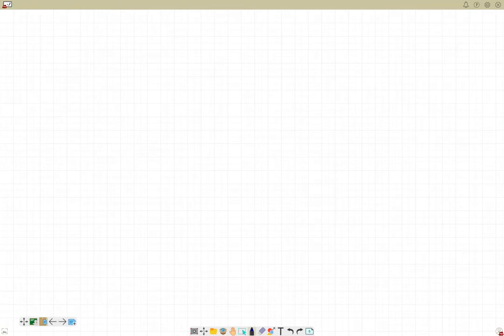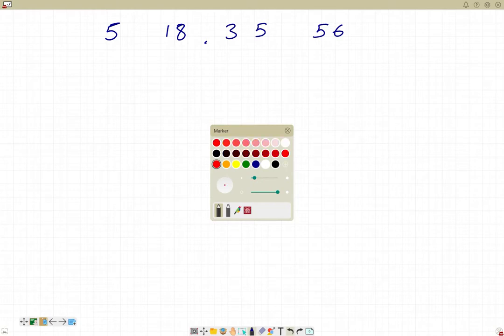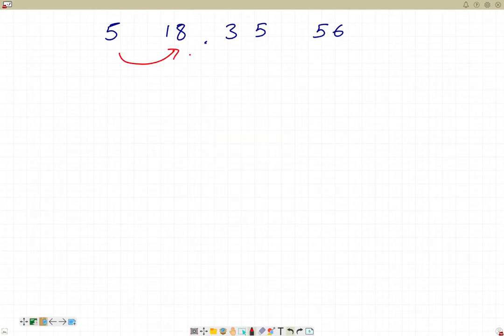Let's do an example where the second difference is not 2. So 5, 18, 35, 56. First step, guys, find the second difference. The first difference is plus 13, plus 17, plus 21.